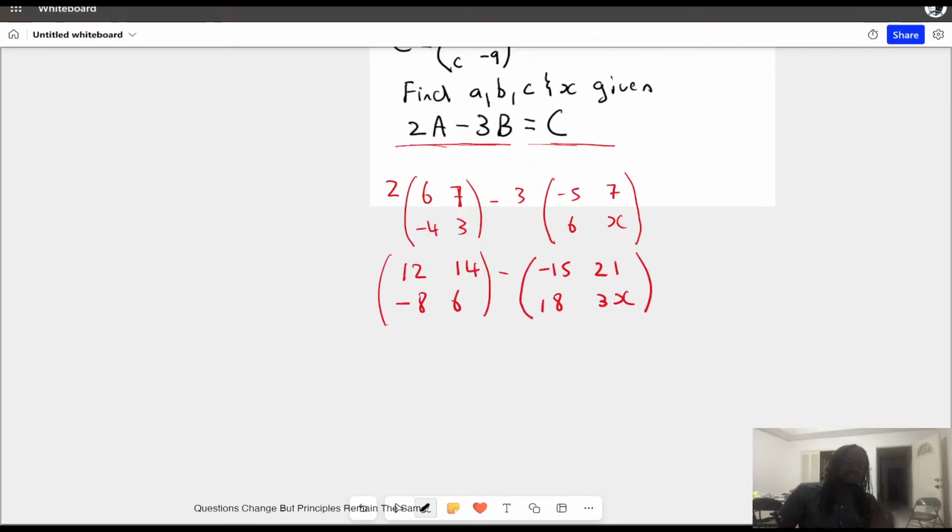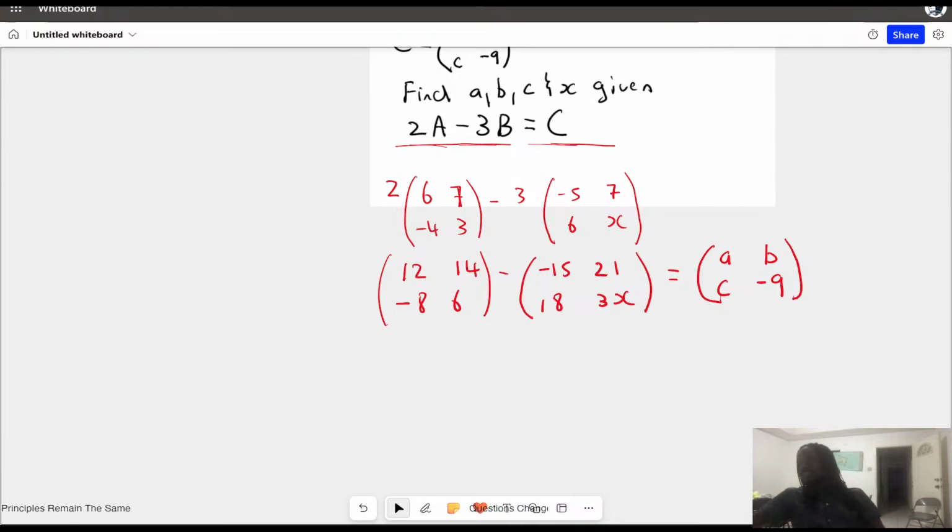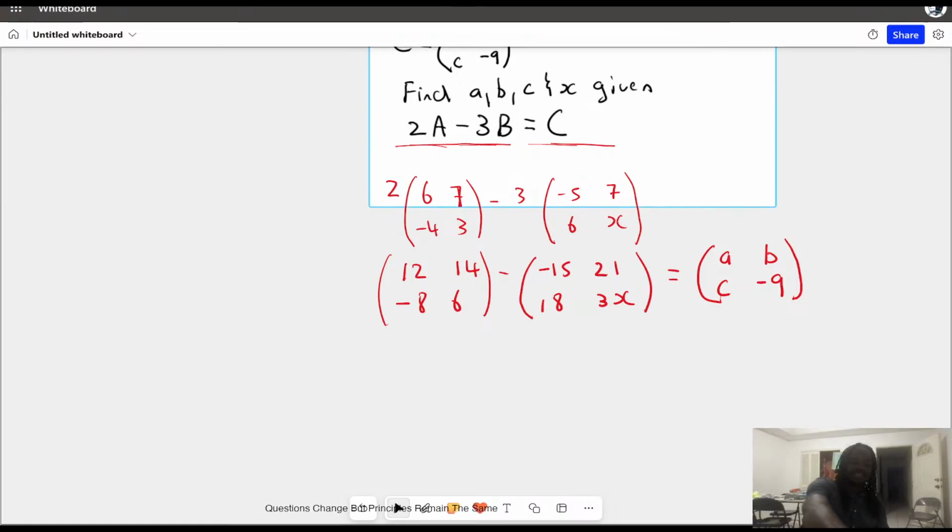And once I work it out, it's going to be equal to C. And what is C? A, B, C, negative 9. Work out the left hand side. Let me give you 15 seconds or so.